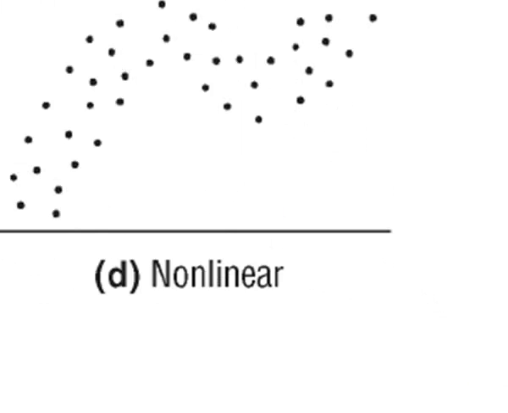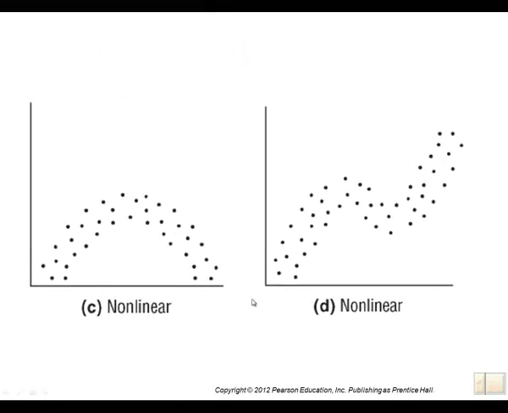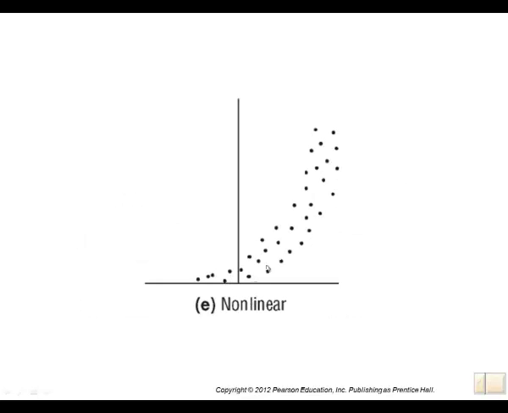Here this is more parabolic, it's not linear. And here this is more cubic, more x cubed shaped, and that's also nonlinear. And here this is more of an exponential growth, and that's also nonlinear. It kind of looks linear, but if it were linear it would come out straight like that, and this curves up, so that can't be linear.